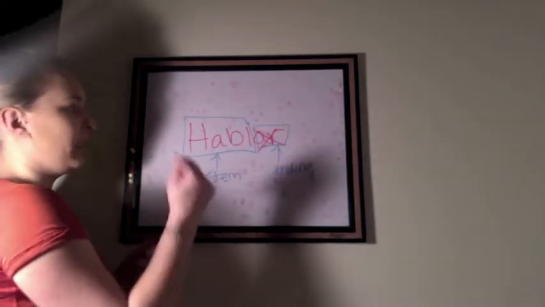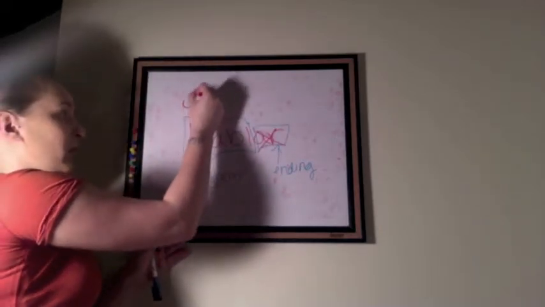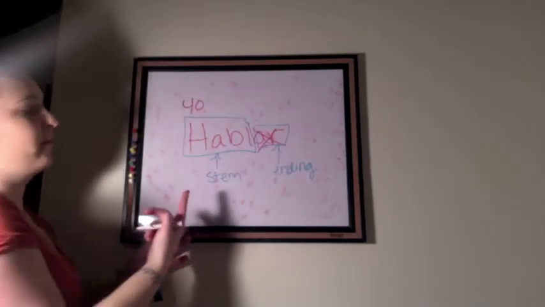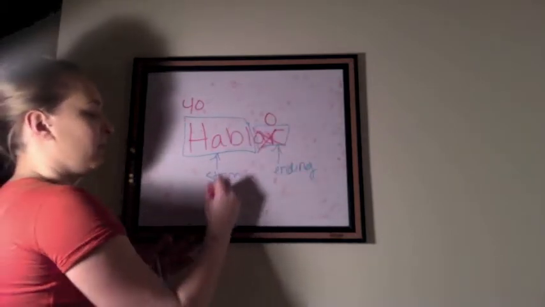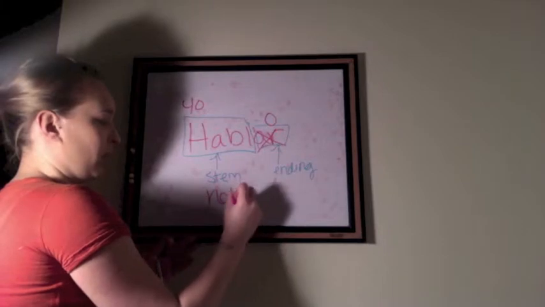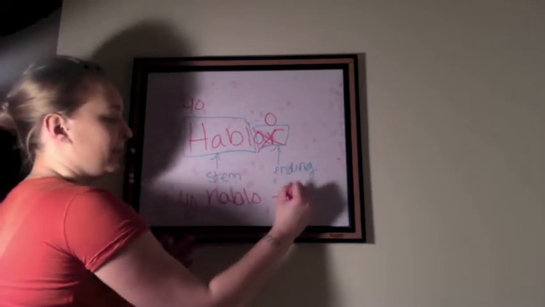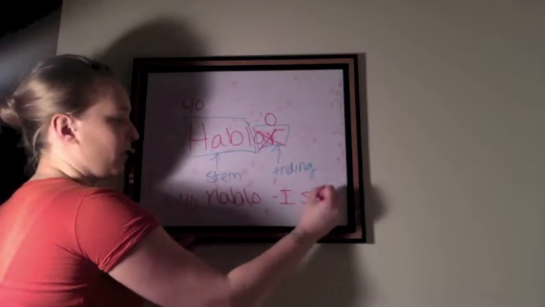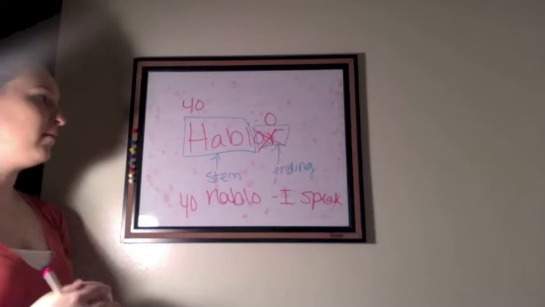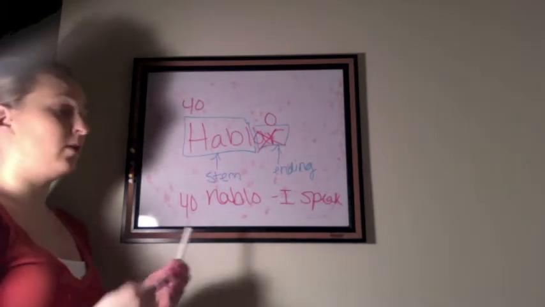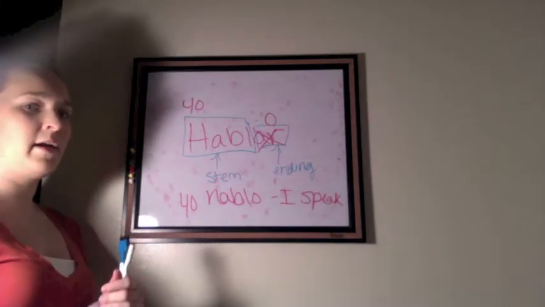If you want to say I speak, you would use yo. So then you would use the yo form. So then you attach an O on the end. So then your answer would be hablo. Yo hablo. Which translates to I speak. And it's the same if you want to do it with tú, you speak, tú hablas, or él habla, he speaks.